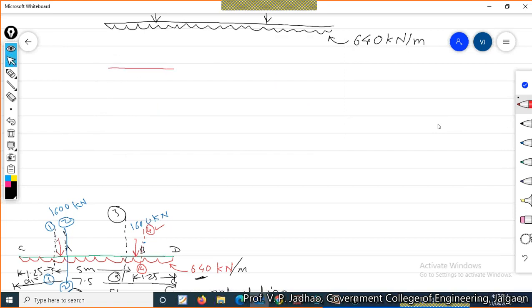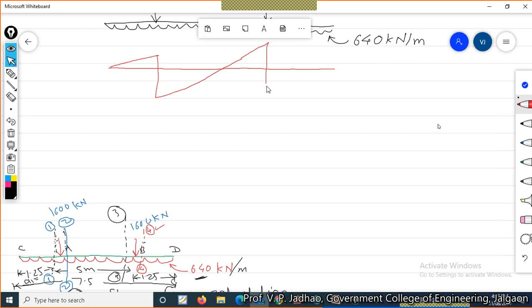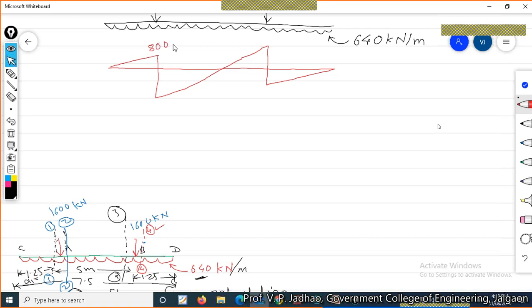So the shear force diagram is here 800 kilonewton.